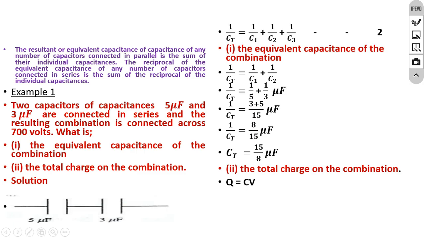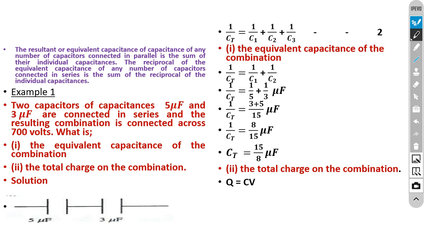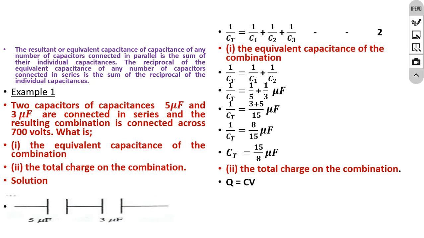So we are just going to multiply what we have here, and we are going to put in consideration the index 10 to the power minus 6 as well, and then the next one here is the potential difference 700 volts.